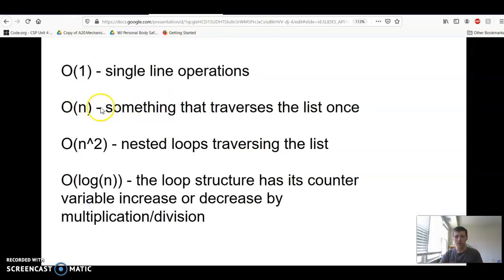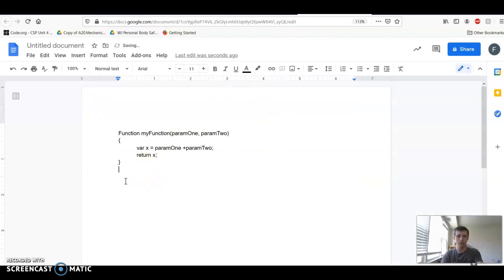O of n is something that traverses the list once. So anytime you see the following structure, for var I equals 0, I is less than list.length, I plus plus, what you have here, sorry about my typing, is a Big O of n idea.